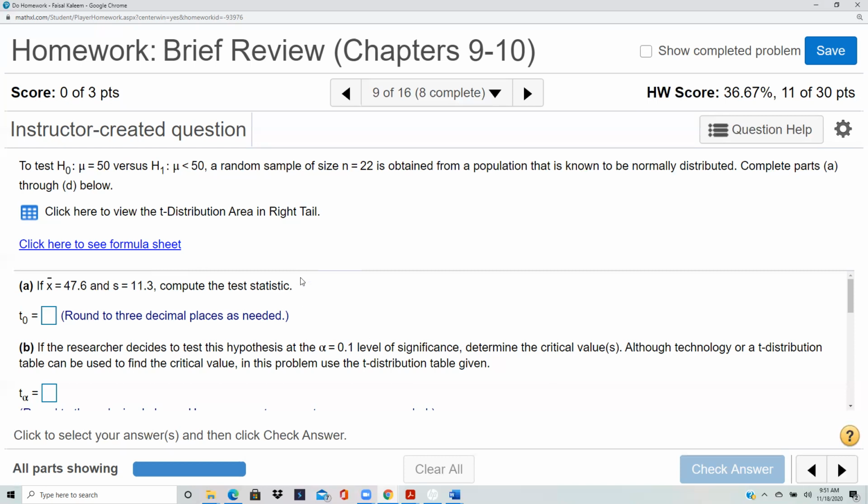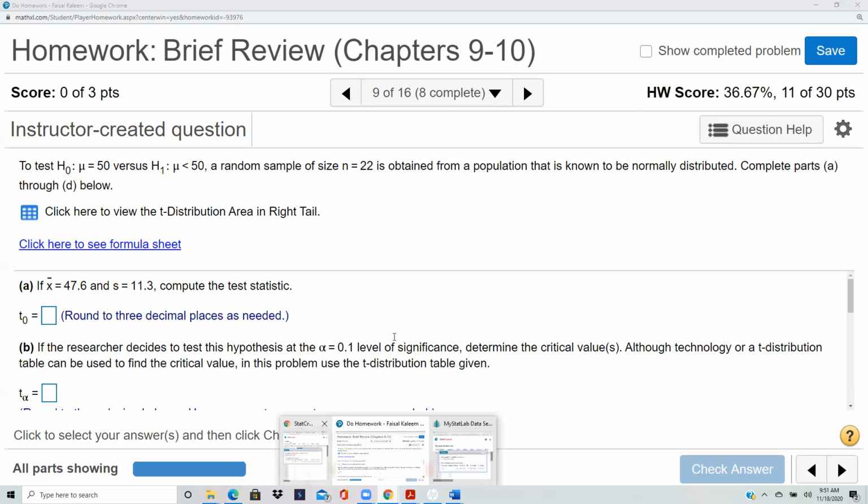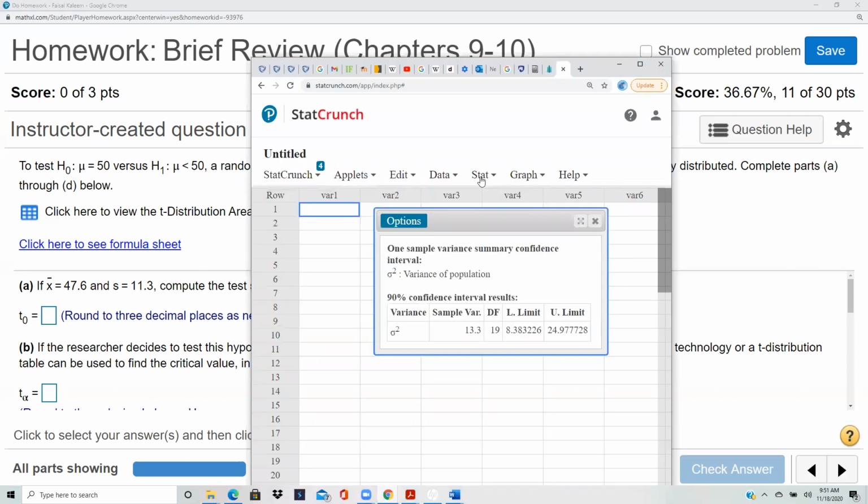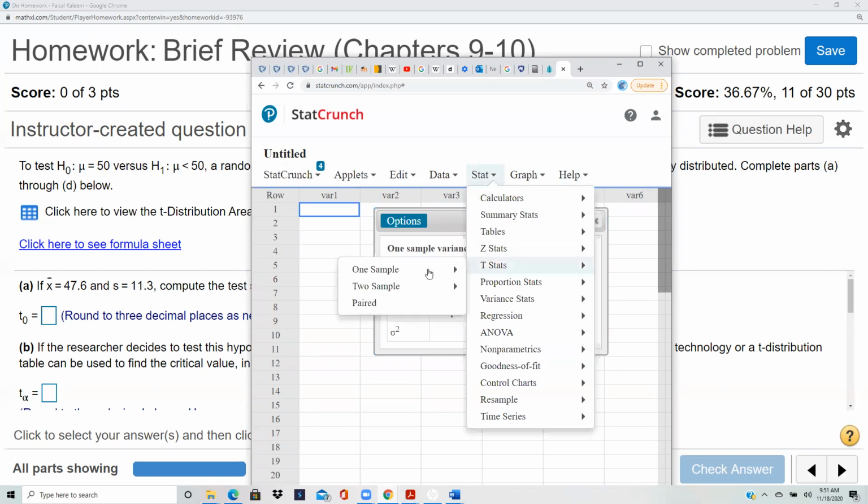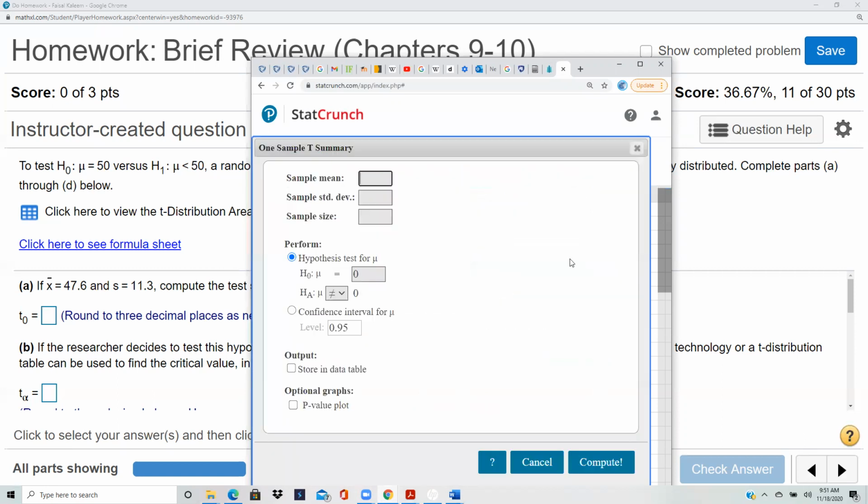Okay, so stats, t-stats, one sample with summary. And the X bar would be the sample mean, 47.6. And then our standard deviation is given as well, the 11.3.